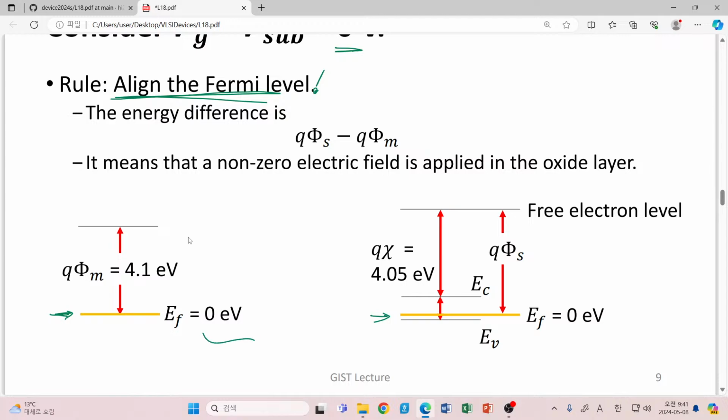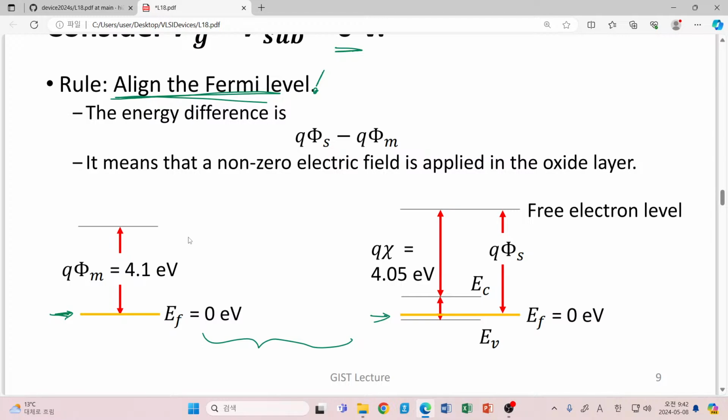Here we have a silicon dioxide layer, but just forget about it. We just align the Fermi level of the metal and p-type silicon. We have done a similar job in our p-n junction. P-n junction at equilibrium: here we have a p-type region and here we have an n-type region, and at equilibrium we just align our Fermi levels.